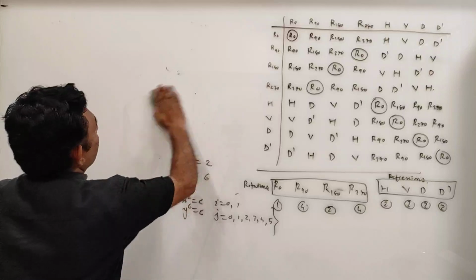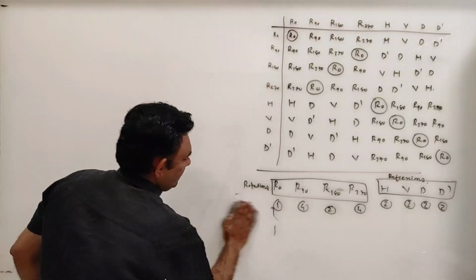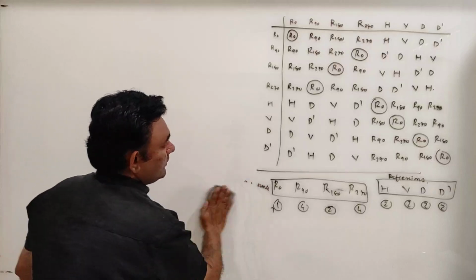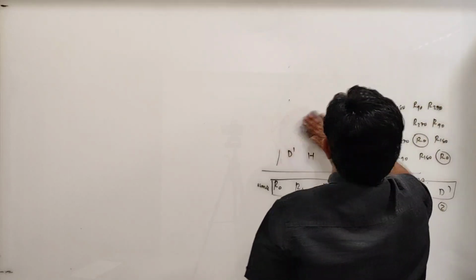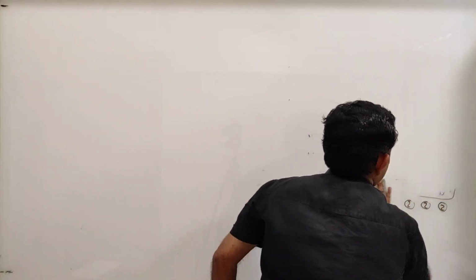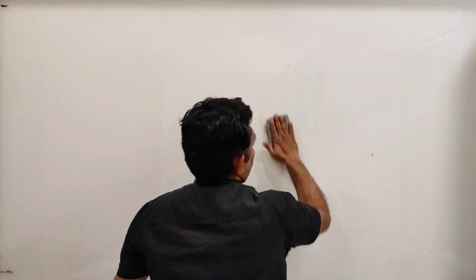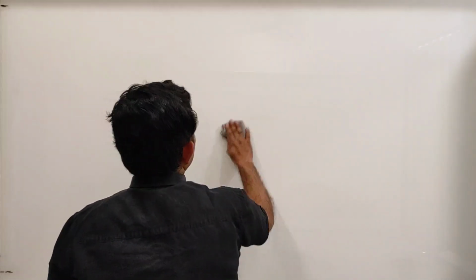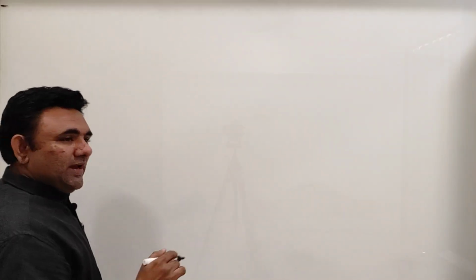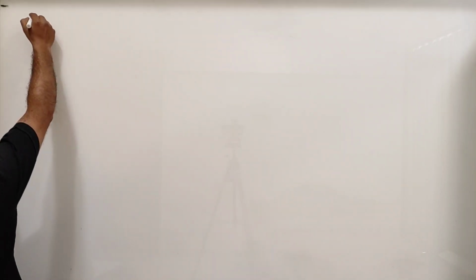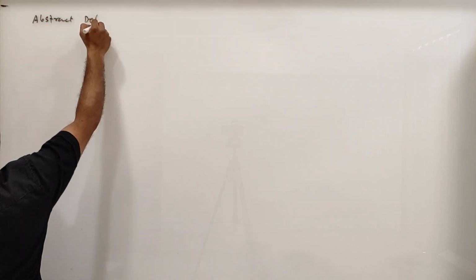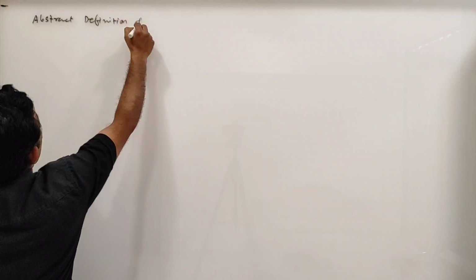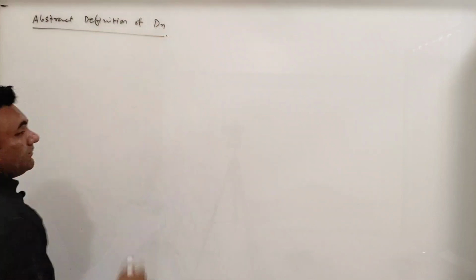So let us see. Okay, fine. So the abstract definition of Dn.